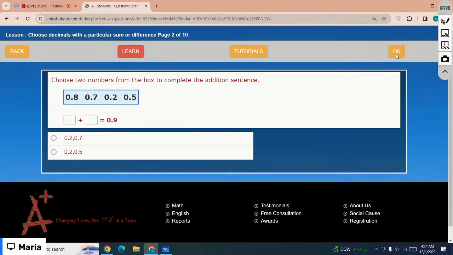Choose two numbers from the box to complete the addition sentence. Dash and dash equals 0.9. Which two numbers when added make 0.9? Which is the correct option?